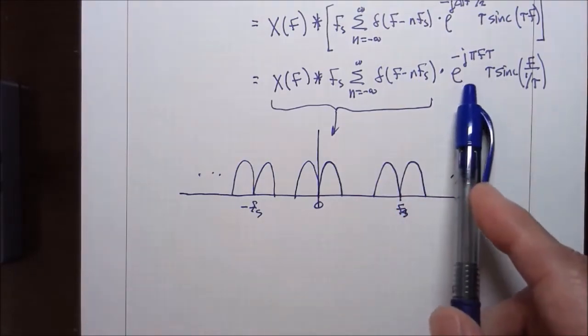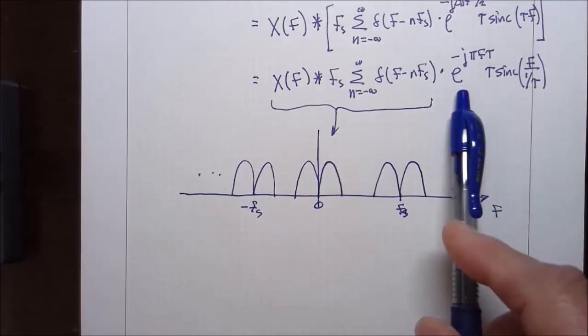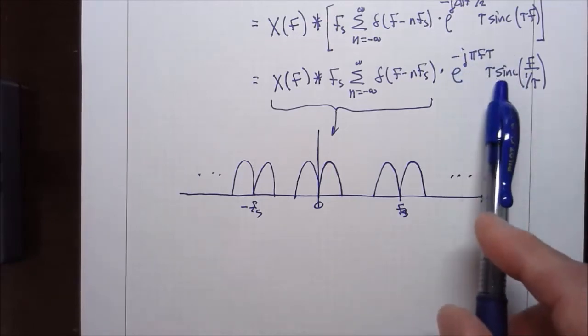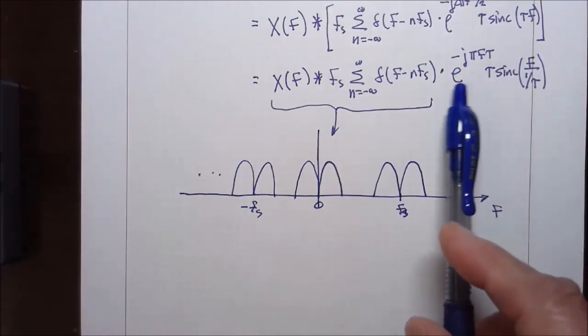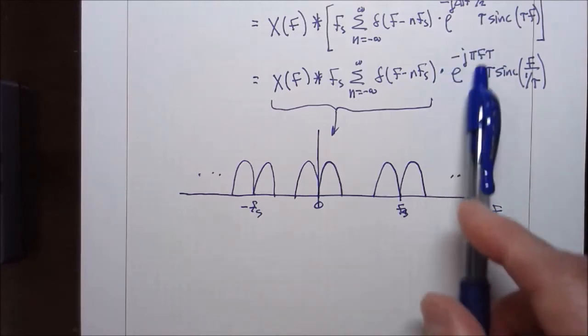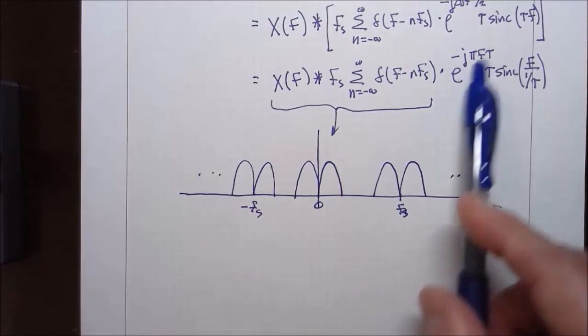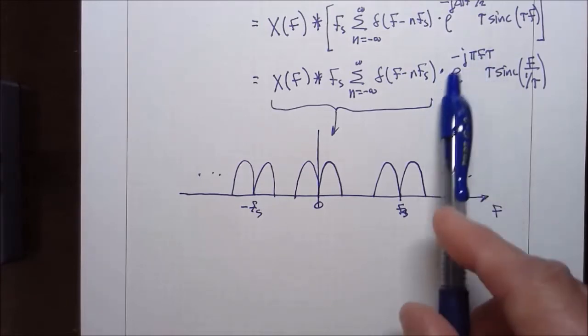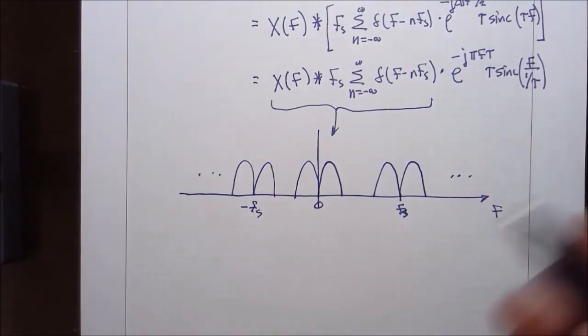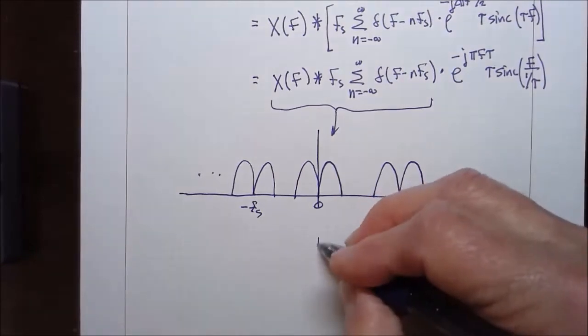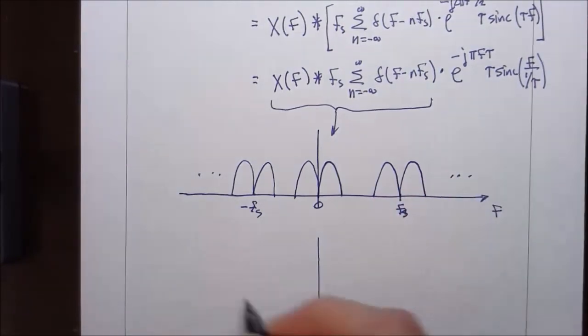Then all of this is multiplied by a sinc function. Let's disregard this complex exponential. It has a magnitude of 1, and it will give a phase angle. So I'll just show the magnitude.